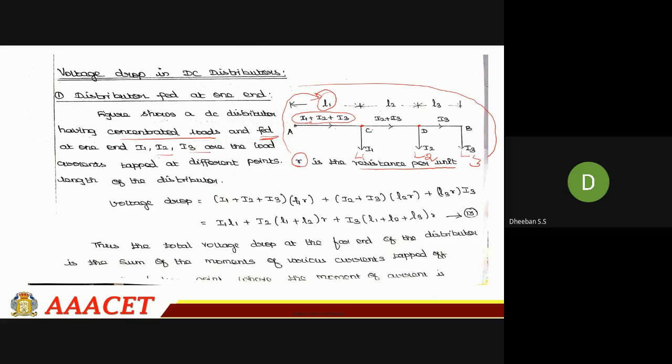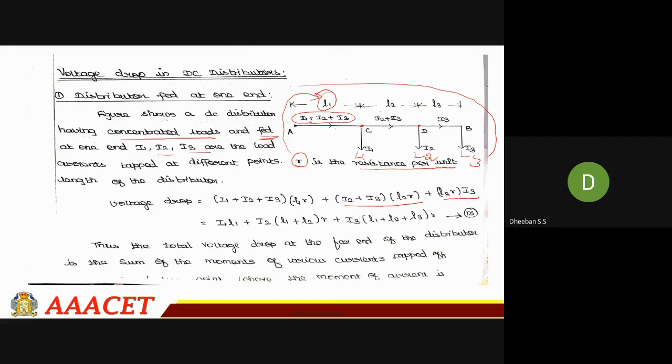Similarly, applying KVL over here, I1 is deviated, so you get only I2 plus I3. At point D, I2 is deviated and only I3 flows. So you get I2 plus I3 into L2 into r, the resistance per unit length.